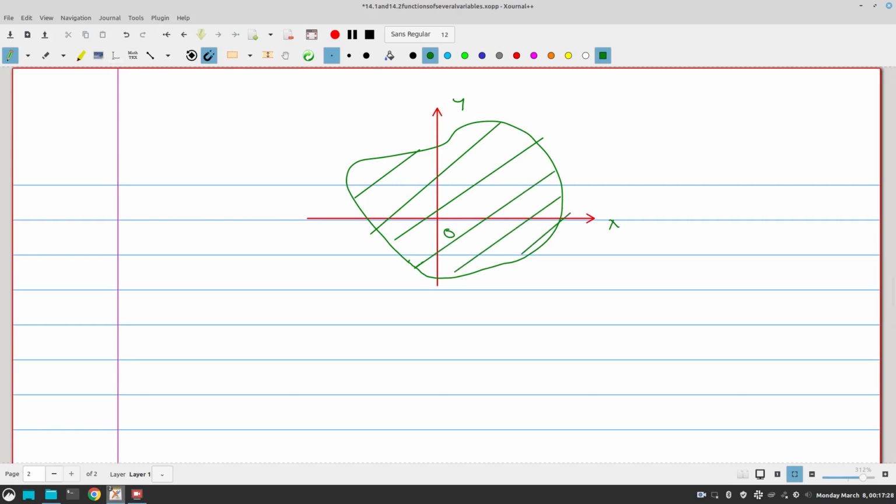Let's call it D for domain, and the output is going to be on the number line. So, for example, if you have a point P, label it (x1, y1).